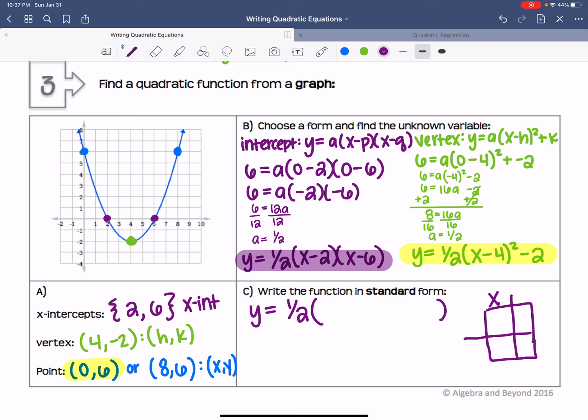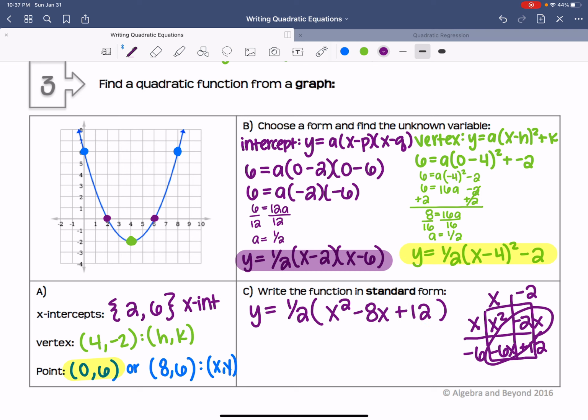All right, so that's x minus 2, x minus 6. So x squared minus 2x minus 6x and plus 12. So that's x squared. Then I'm going to combine negative 2 minus 6 is negative 8x and then plus 12.